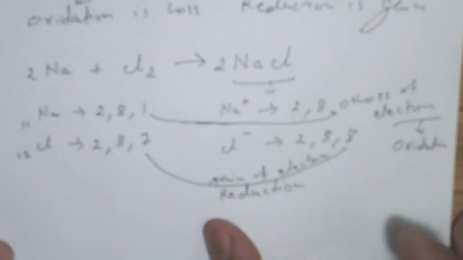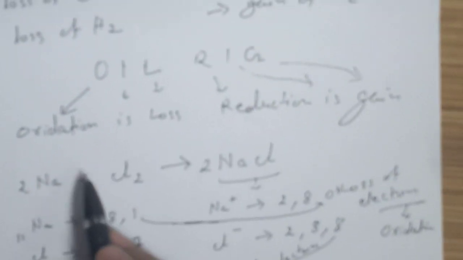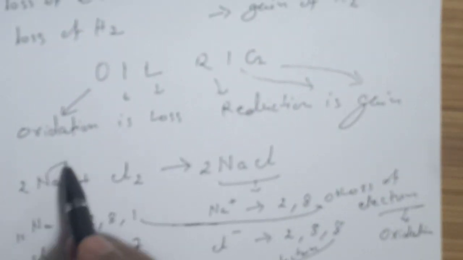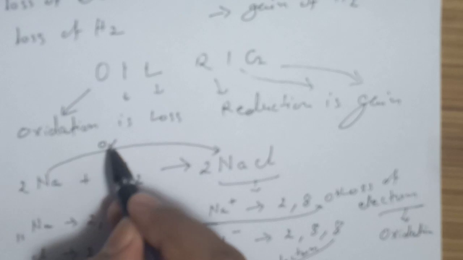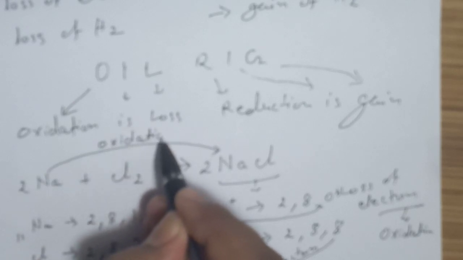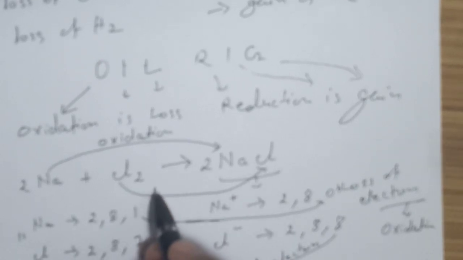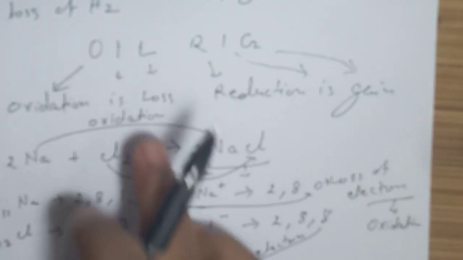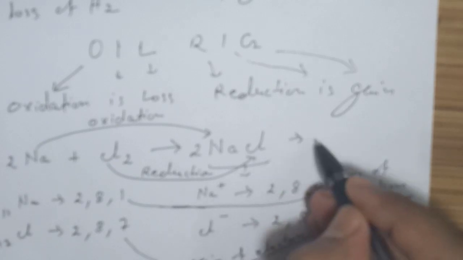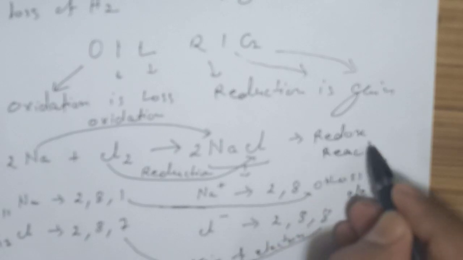So sodium, Na to Na plus, is oxidation, while chlorine to Cl minus is reduction. So this is a redox reaction.